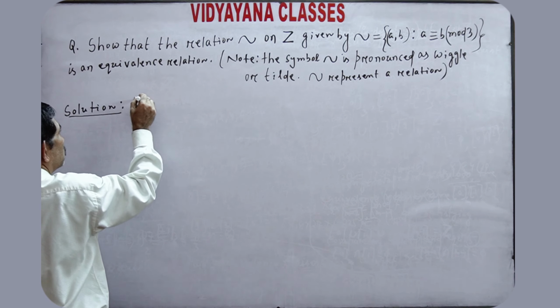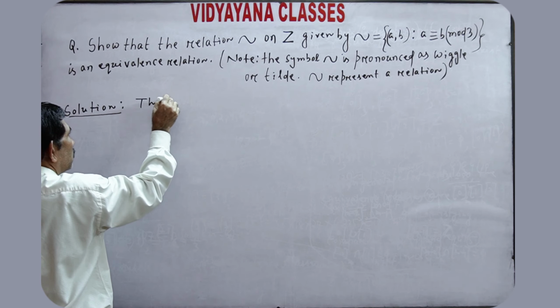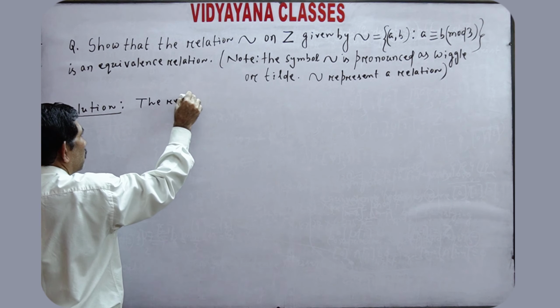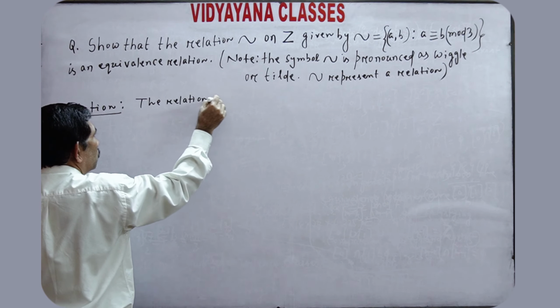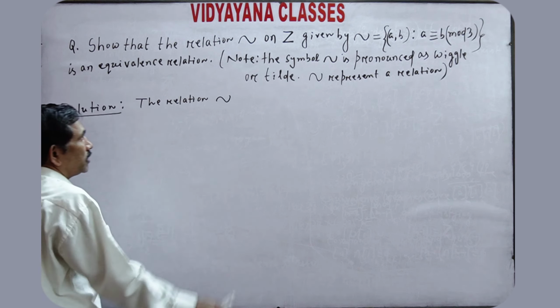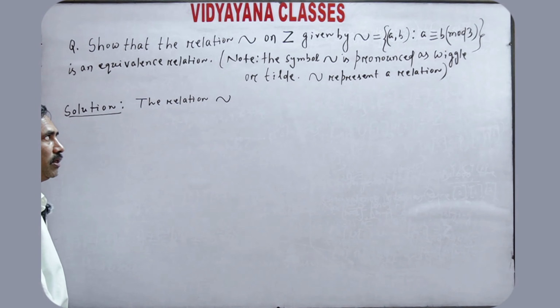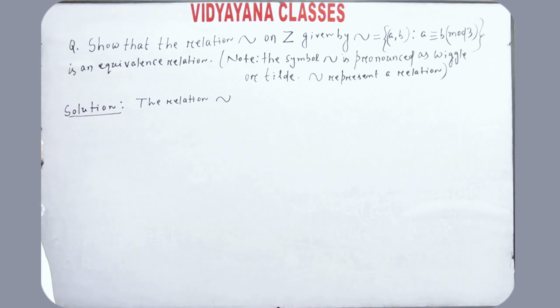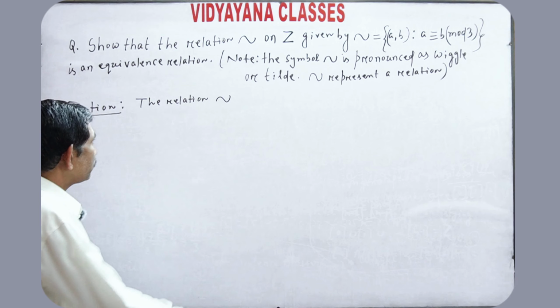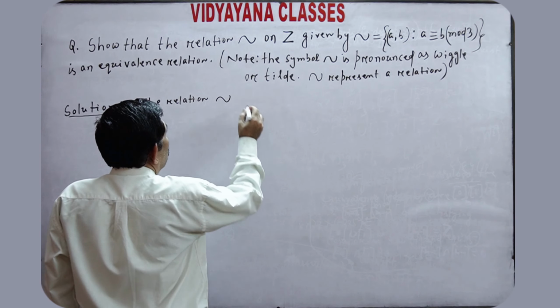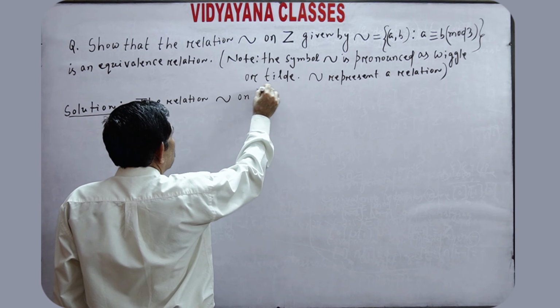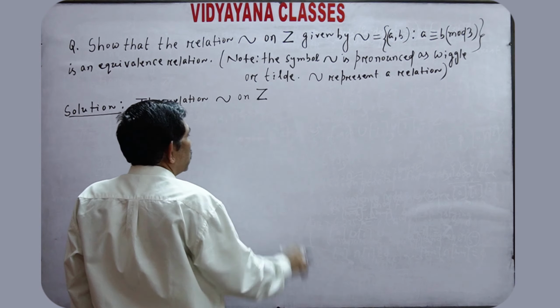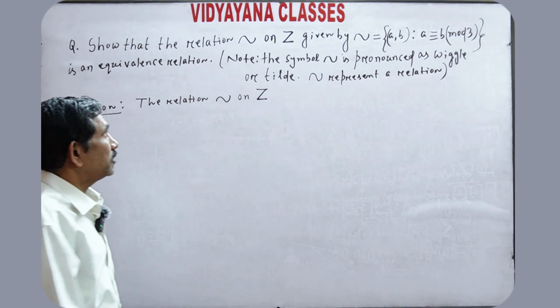Solution. The relation wiggly, this symbol is read as wiggly or tilde, which represents the symbol of a relation on the set Z, that is the set of integers.